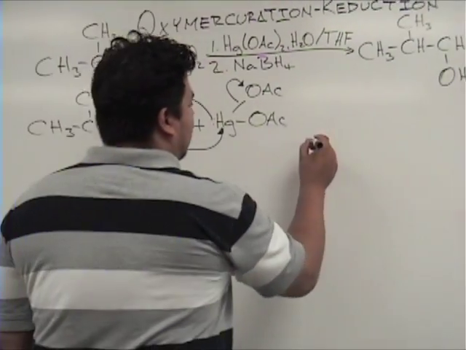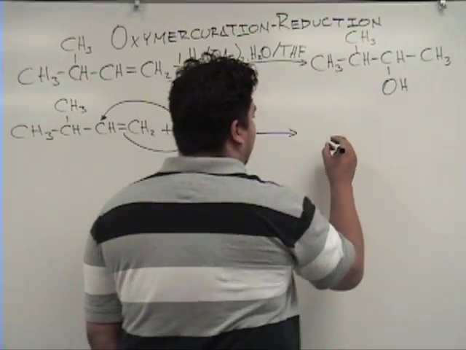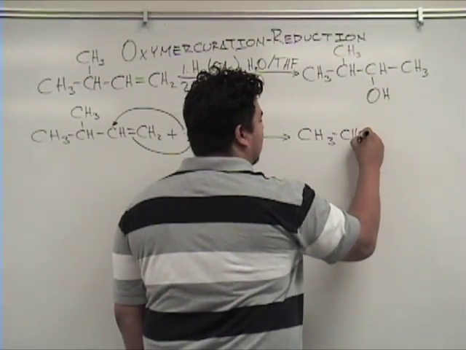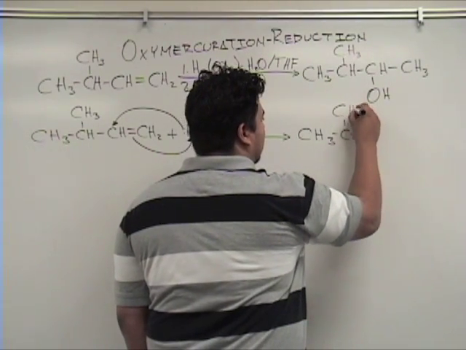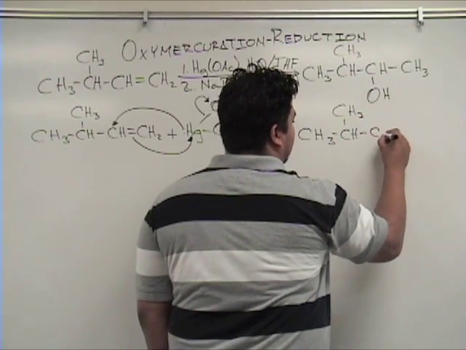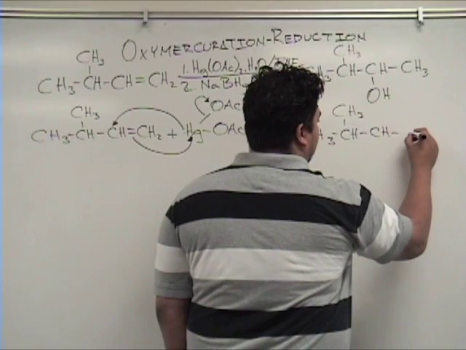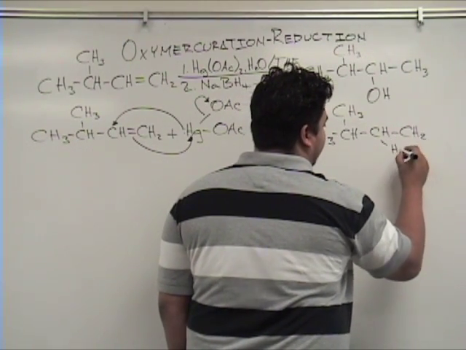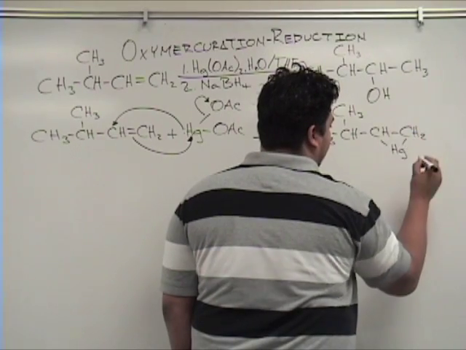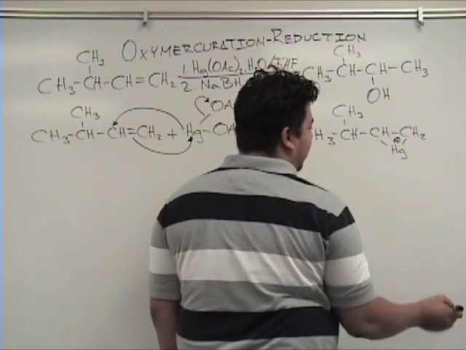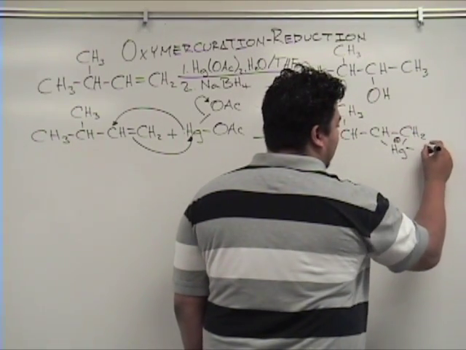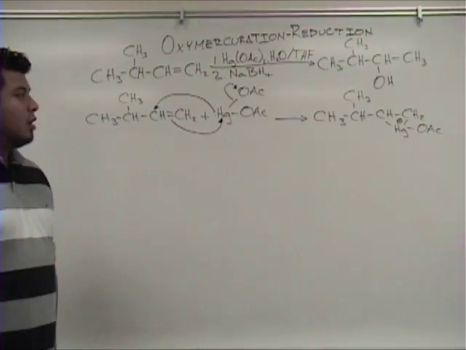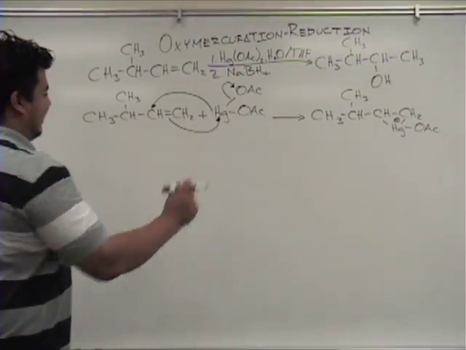So our product is a cyclic structure right here with the Hg, formal charge plus, and OAc, like that. Now we're going to copy whatever is on that side.